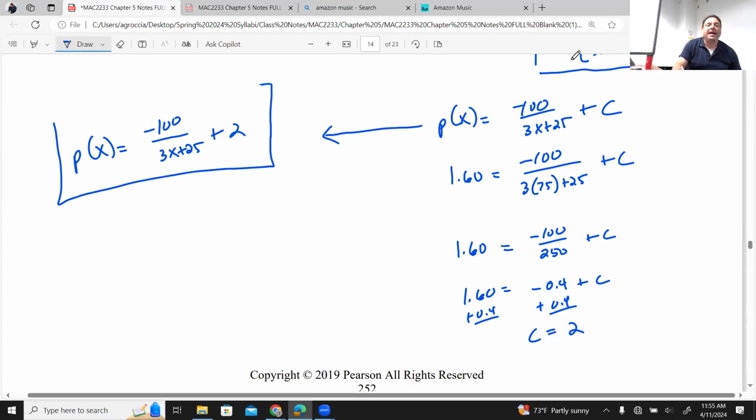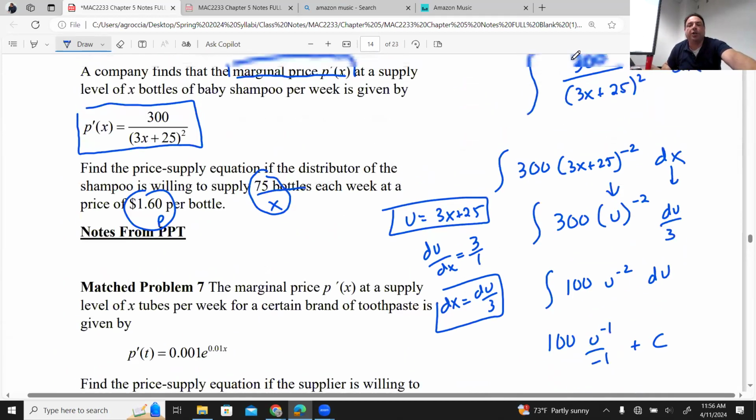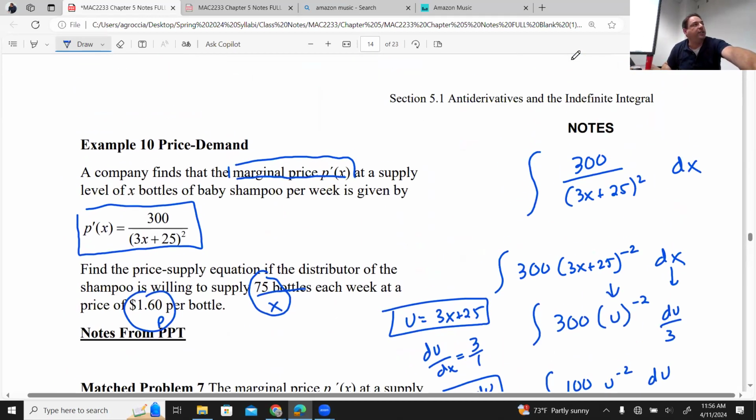Now you tell me how many bottles, you plug it in, and I'll tell you the price per bottle. You tell me how many bottles, I plug it in for x, and I'll be able to tell you the price per bottle. Okay, so to kind of walk through what we did, we started with marginal price. We wanted to work backwards, so we found the integral.